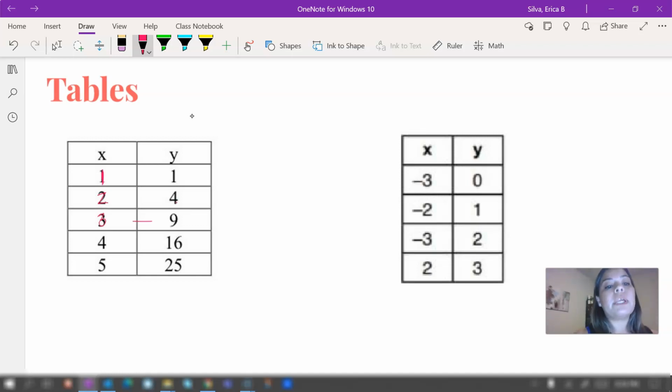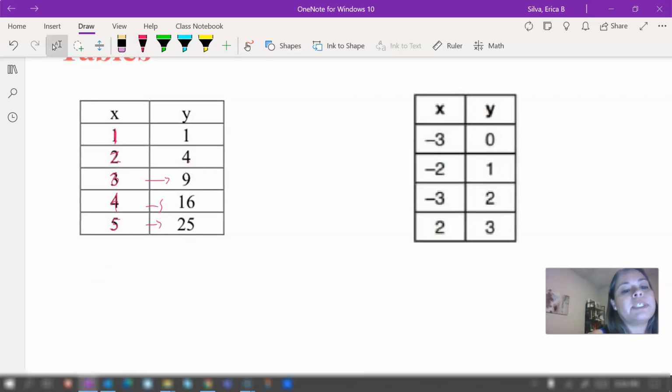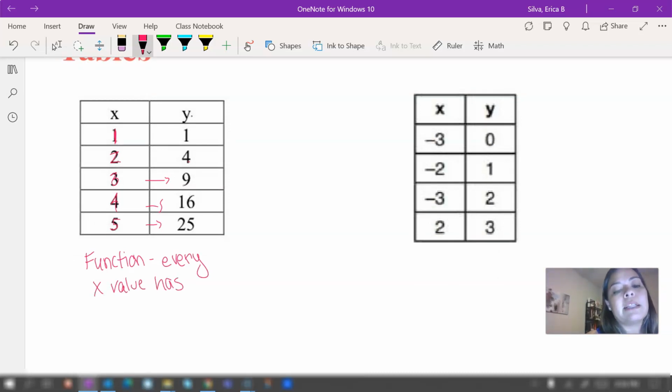If we input 3, our y value is 9, 4, 16, and 5, 25. Notice how every x value has exactly one y value. This would represent a function because every x value has exactly one y value.